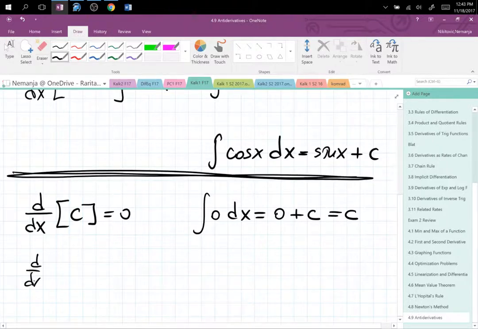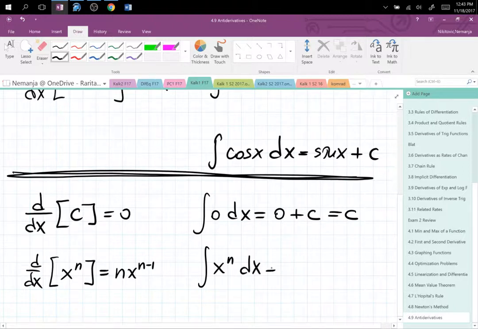The only one that is different, you have to do some algebra and manipulations to get to this point, but x to the n. You know the derivative was n x to the n minus 1. Now what I'm going to do is shift all of this into the integral of x to the n dx, and say it's x to the n plus 1 over n plus 1 plus c.